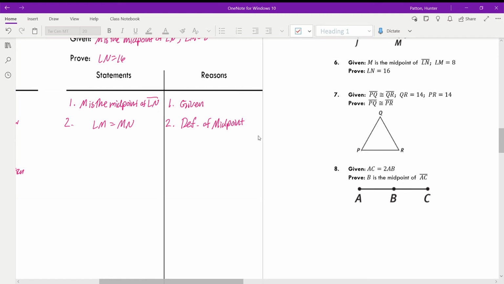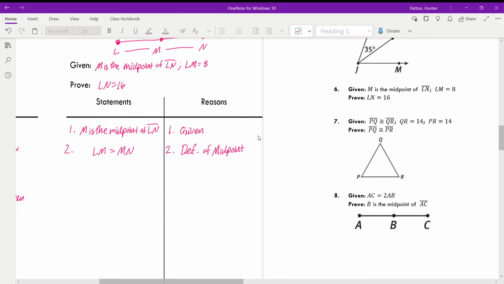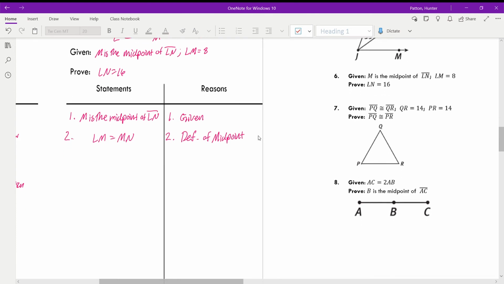Next, I know something about LM, that it's equal to 8, so I'm going to state that next since I've started talking about LM. LM is equal to 8 by given.